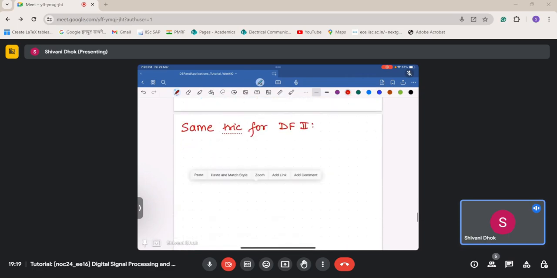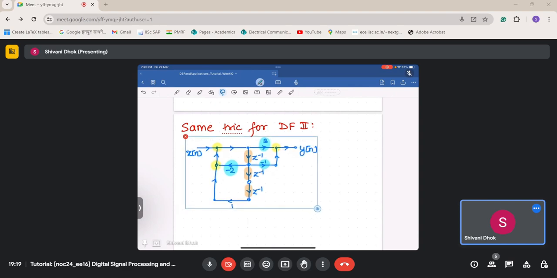So we had this thing here, and here this part was corresponding to x of z, and this part was corresponding to y of z.